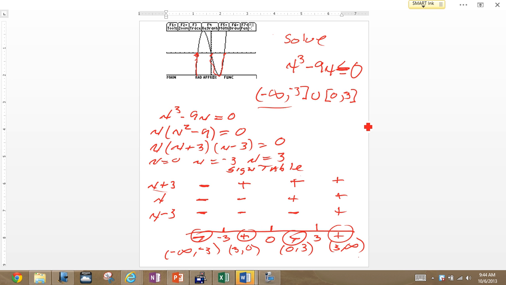So if we were asked a follow-up question, when is x cubed minus 9x greater than 0, we can clearly see from our sign table that it is positive between negative 3 and 0, and also positive from 3 on out, 3 to infinity, which is in keeping with what the graph shows.